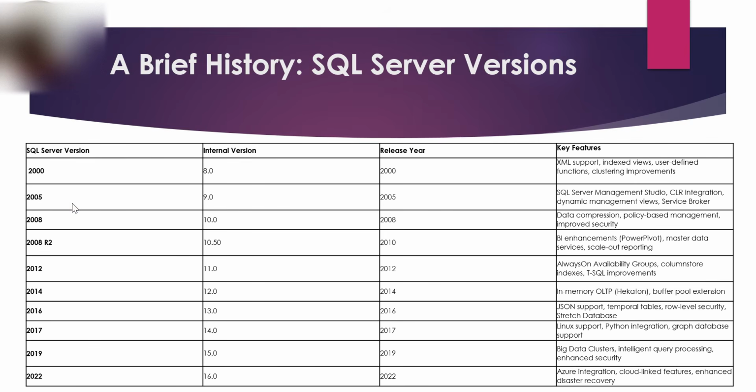The next version was released in 2005 as internal version 9, SQL Server 2005, and it has features like SQL Server Management Studio, CLR integration, dynamic management views, and Service Broker.